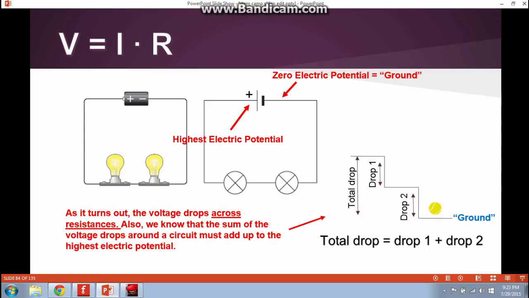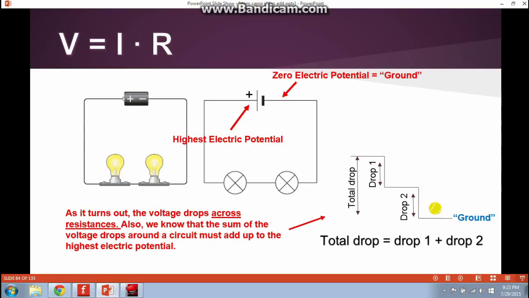So this total drop shown here on the right is like your electric potential. That's the highest electric potential the ball has, or the highest potential energy the ball has, or you can think of the ball as an electron. Then the ball is going to drop, or in the electric case, the electrons are going to drop across the resistance, and the total drop, if you have two resistances, is such that when you come around to the end of the circuit, you have to reach ground.